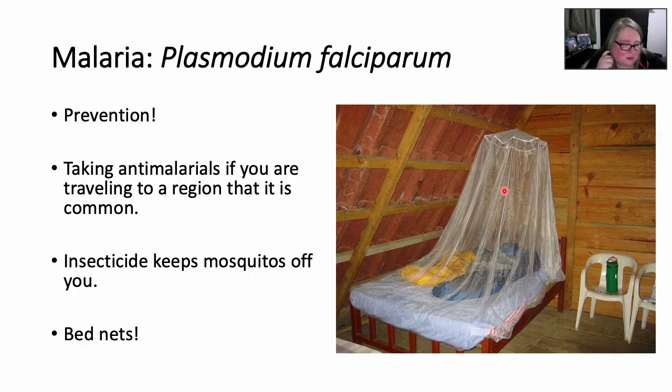Now, there are some treatments called anti-malarials that you can take to prevent catching malaria in these malaria regions, but they have some pretty terrible side effects because, yet again, we're treating something that's eukaryotic, and we are eukaryotes again. So anti-malarials can't be taken indefinitely, but you can always sleep with a mosquito net.